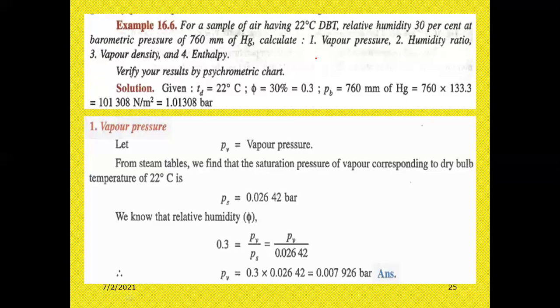Now, the relative humidity 0.3 is equal to PV by PS, that is 0.3 is equal to PV by 0.02642. PV is equal to 0.007926 bar.